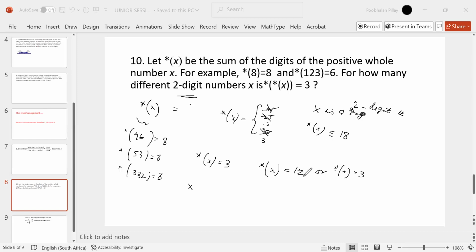Now, for star x to be 12, a 2-digit number, what are the possibilities? You can't have 1 in it. You can't have 2 in it. You can't have 3. So you've got to have 3, 9, 9, 3, 4, 8, 8, 4, 5, 7, 7, 5, and 6, 6.